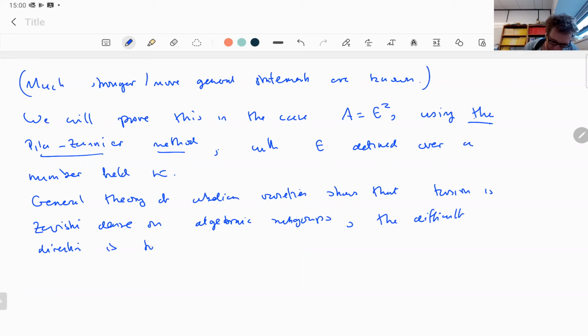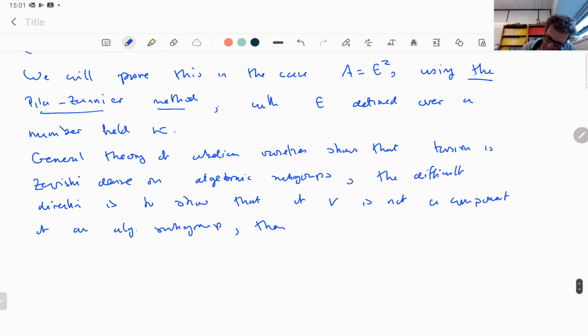It's to show that if V is not a component of a subgroup, then V of C intersect A tor is not Zariski dense. And that's what we'll do.